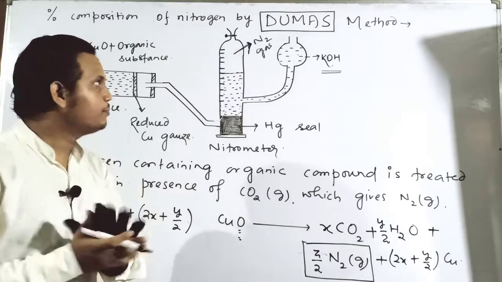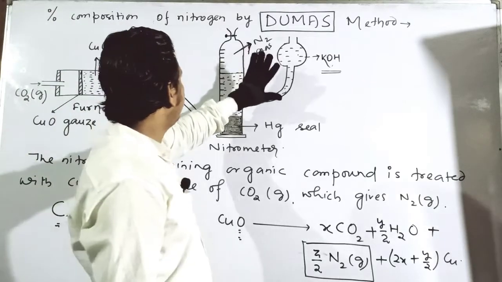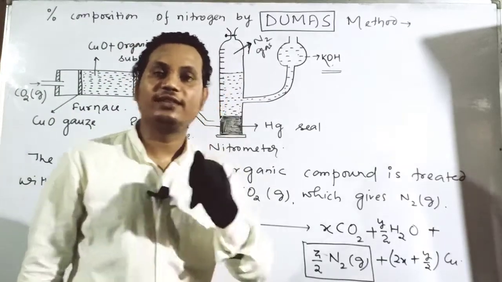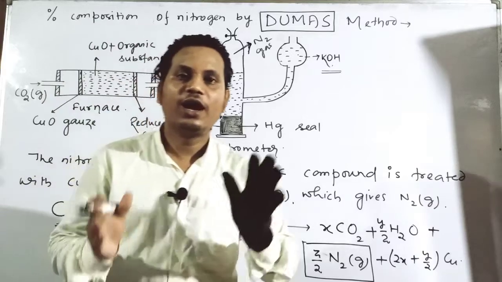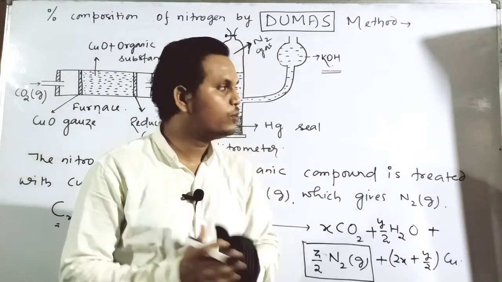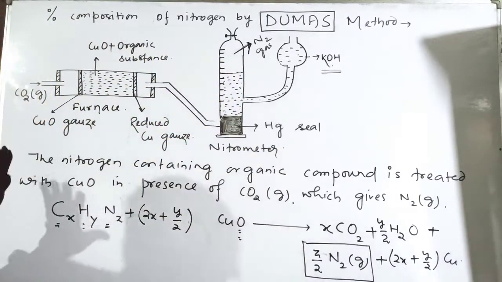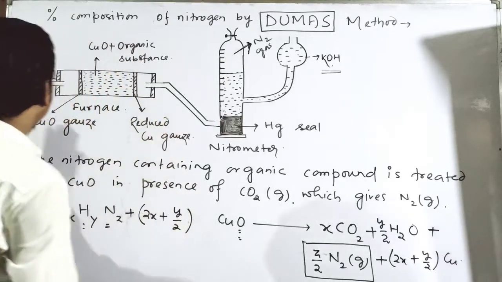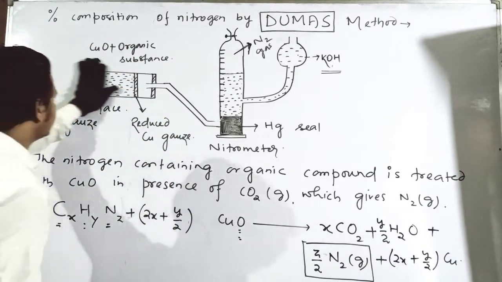Now we have to calculate the percentage of nitrogen, and this part comes in the exam. How can we calculate the percentage of nitrogen? See the formula we will use here.